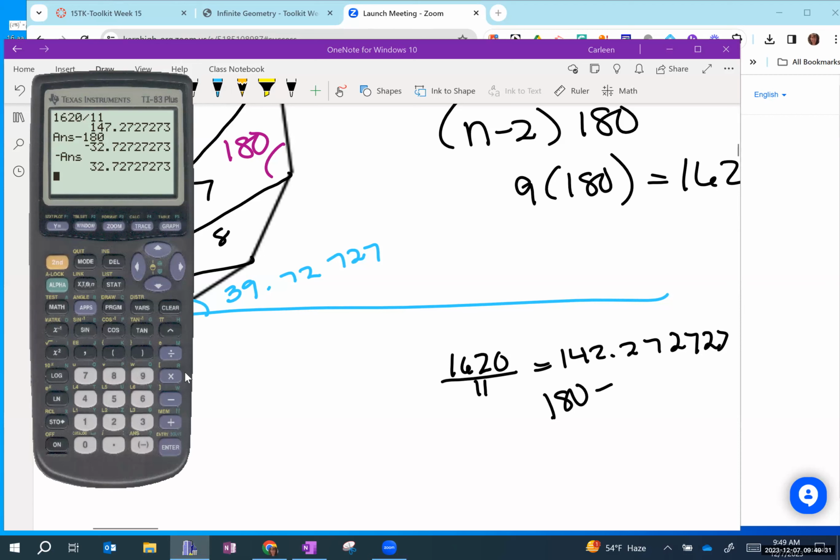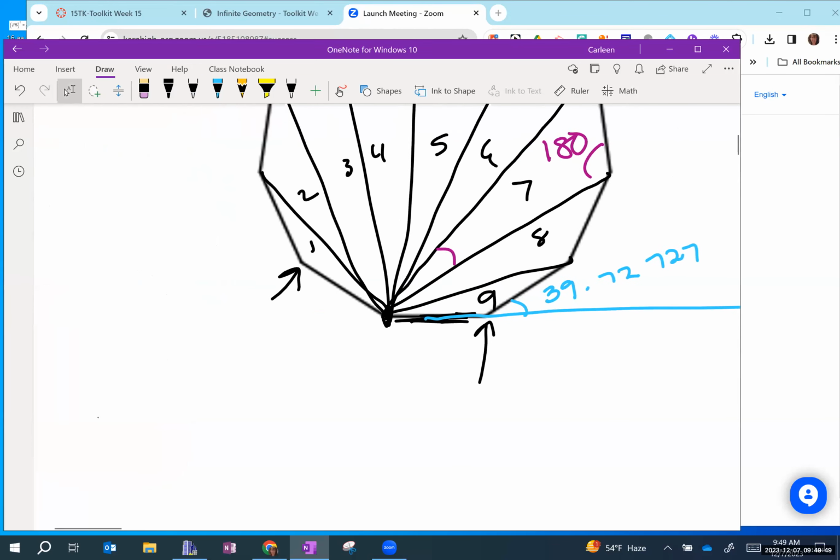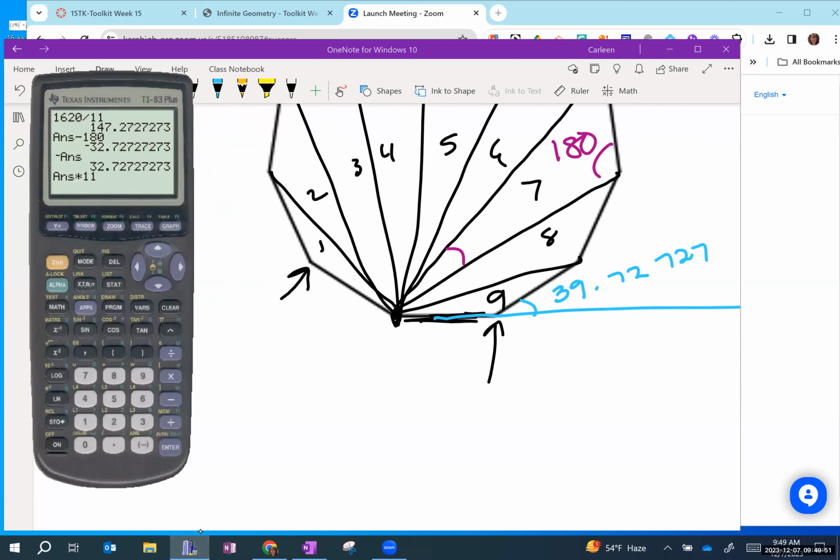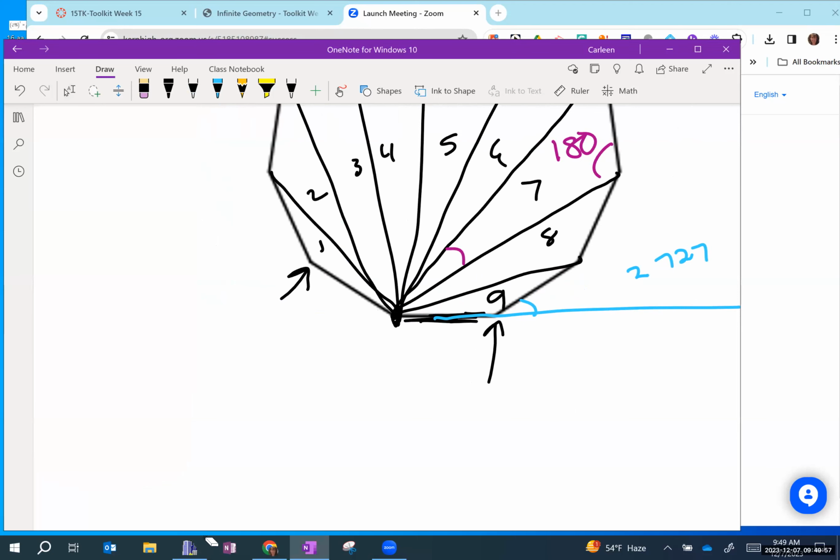So that's one exterior angle. I'm going to multiply it by 11. Does anyone have a guess how much it's going to be when I have 11? Oh, what the heck? Better make sure this is going to work out. Wow, I was off here. Why did I put 9 when it's 2?